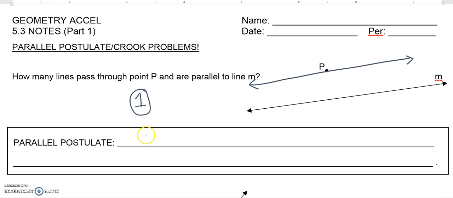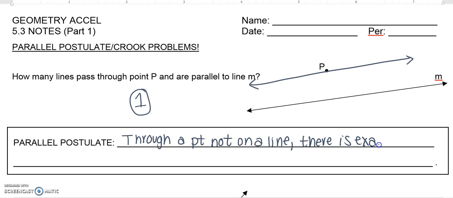And our parallel postulate is: through a point not on a line, there is exactly one line parallel to the given line.